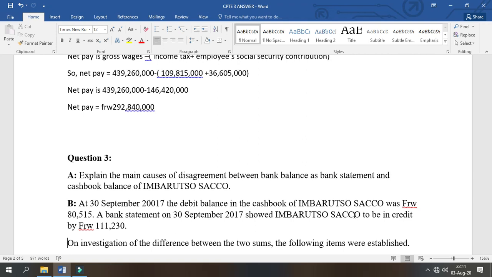A bank statement on 30 September 2017 showed Imbalto Sako to be in credit by Rwandan franc 111,230.